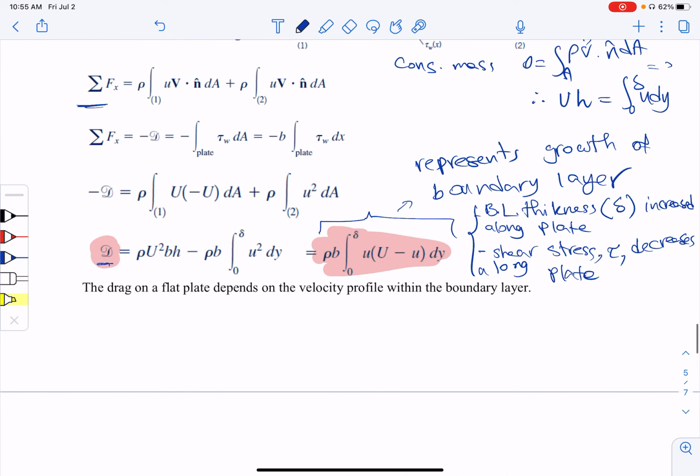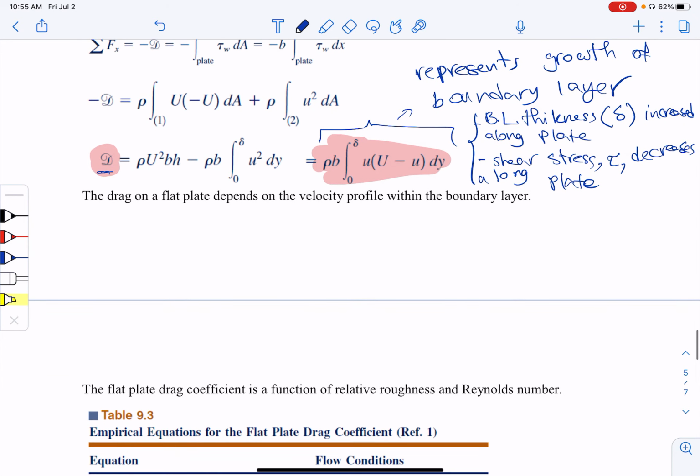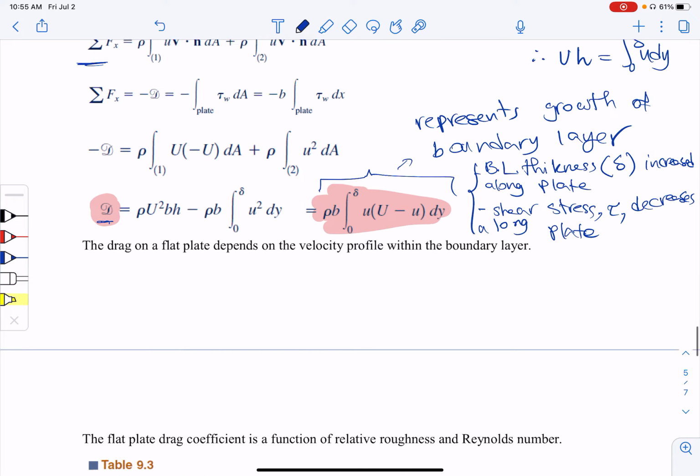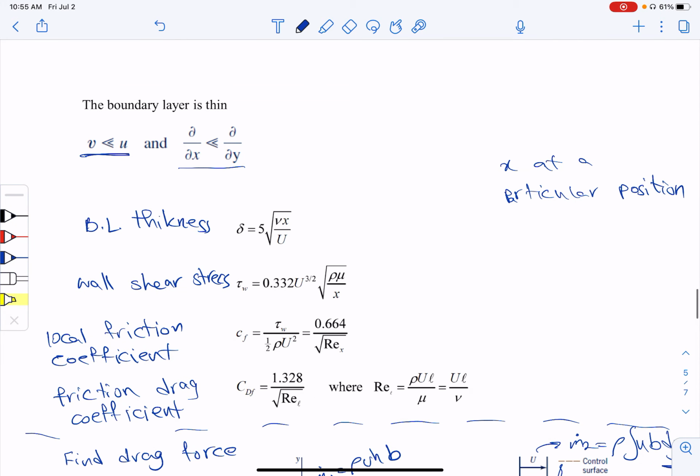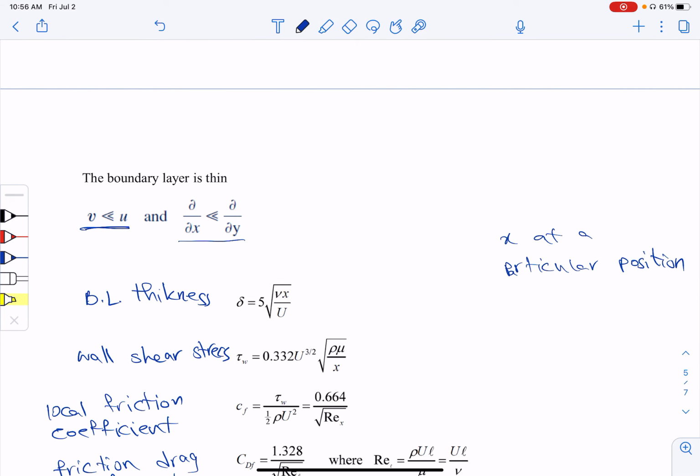So this is what we have for the drag force. I said that this is for the laminar flow, right? So let me just write it down. I don't want you guys to forget it. So this is valid for laminar flow over a flat plate.